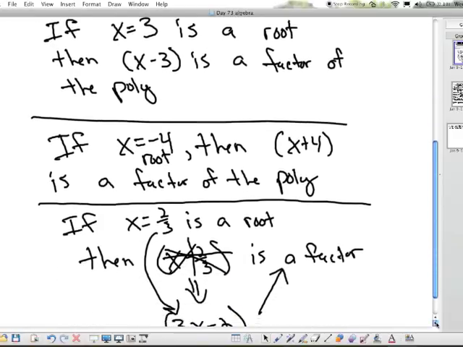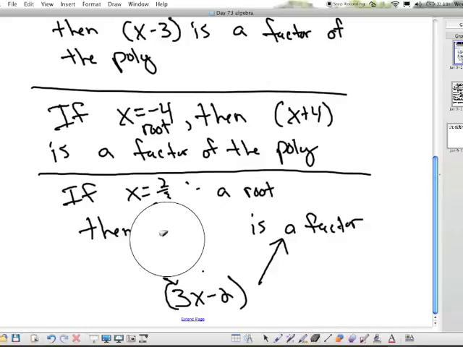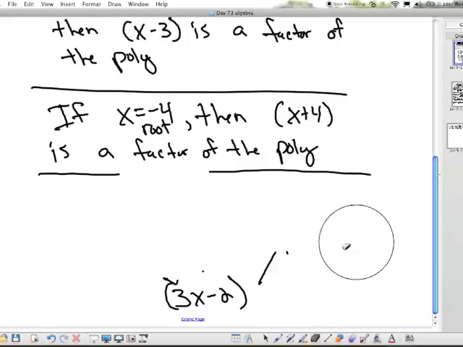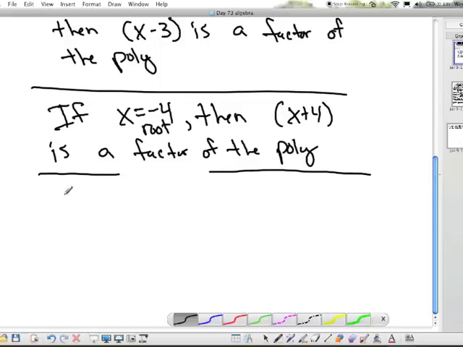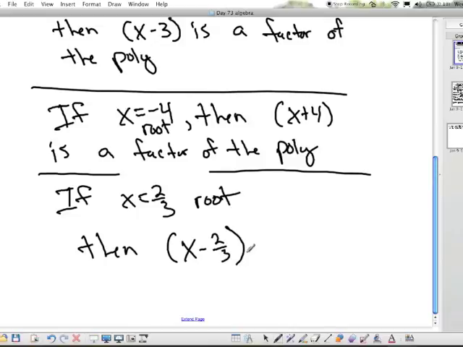And if you have, let me correct this quickly. So if you have a fraction root, then your factor, so if x equals 2/3 is a root, then x minus 2/3 is a factor.